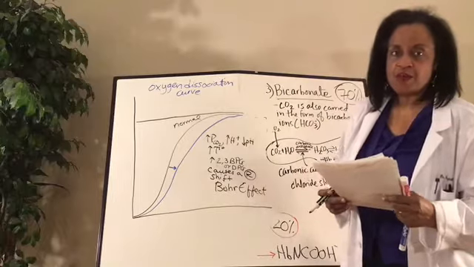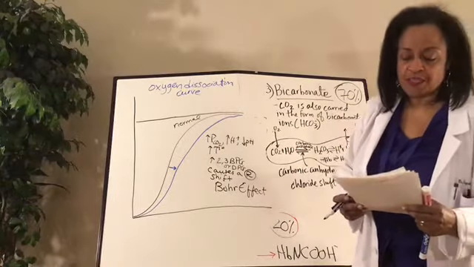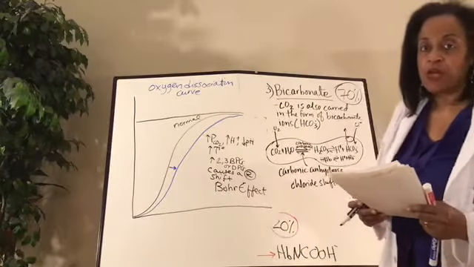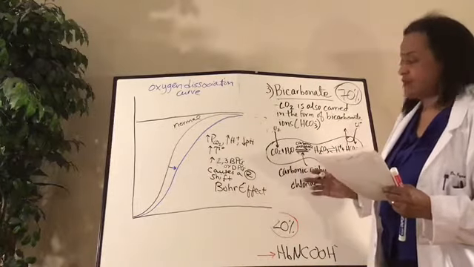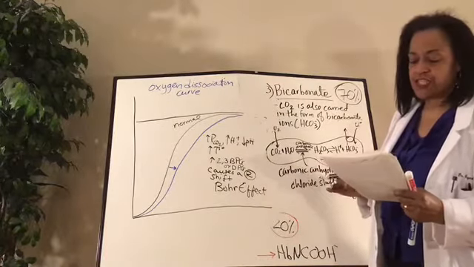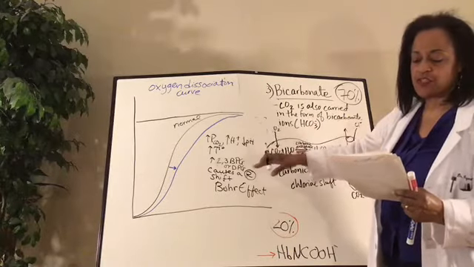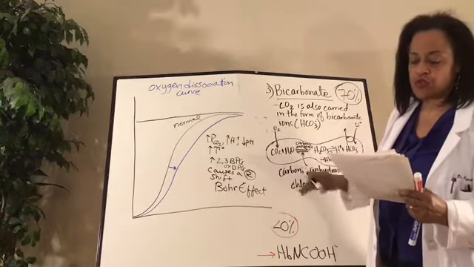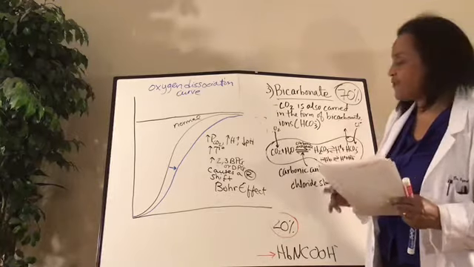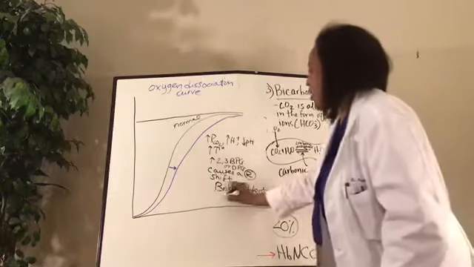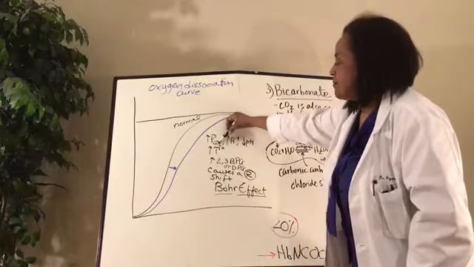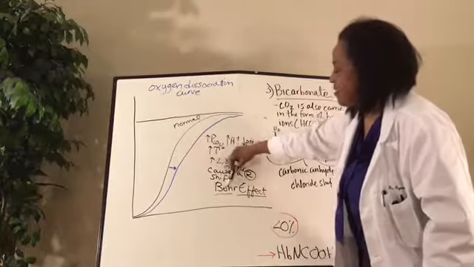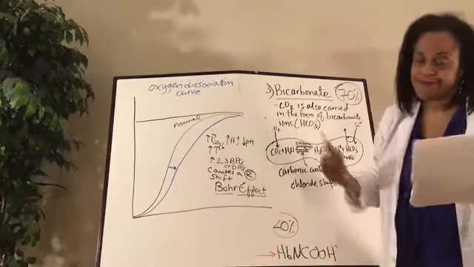Note that an increase in PCO2 decreases the affinity between hemoglobin and oxygen. This is called a right shift. A right shift of the oxygen hemoglobin dissociation curve when the PCO2 is increased is specifically known as the Bohr effect. PCO2 goes up, the curve shifts right, known as a Bohr effect. This is what you got to know.